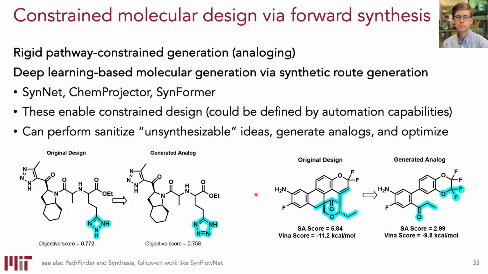We can propose analogs that take a structure that we think might be hard to make and convert it into something that we know how to make. This generative approach is trying to ensure that any ideas the models come up with are things that we believe we can take into the laboratory. This is the big thesis behind a lot of the work in our group on generative models: making sure that when we get ideas from models, we can actually make them.